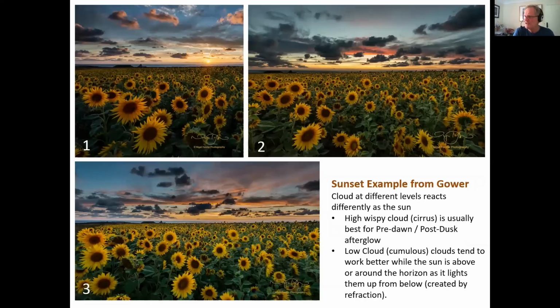These are just a series of images taken in the sunflower fields in Rhossili and Gower, and you can see in the image on the top left, before the sunset, it's lighting up the lowish or medium height clouds. As the sun goes down, it starts to light up the high level clouds. This typically happens.